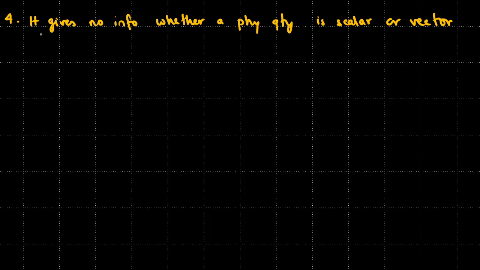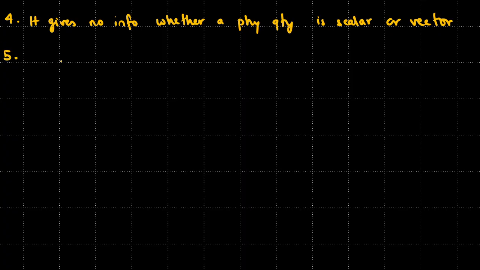So if you remember, velocity has a formula of displacement over time, and speed has a formula of distance over time. So if you do it dimensionally, you will always get this result. Even though you were trying to find the relation of velocity, you will get this result. So in this case, you don't exactly know if it's a scalar or a vector, because even when deriving velocity, you will still get d by t. So that's why it gives no information whether the physical quantity is either scalar or vector.